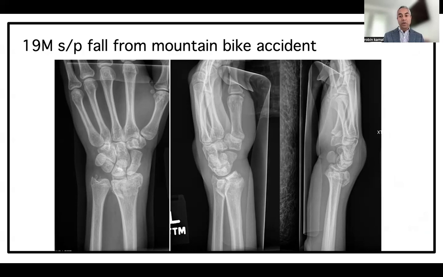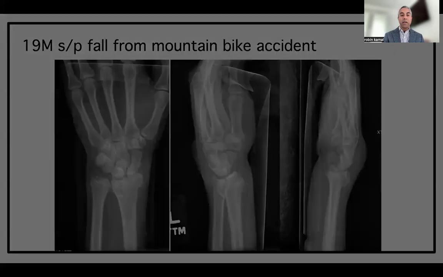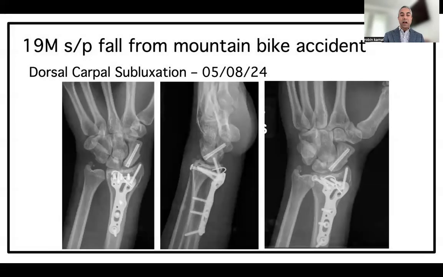There's also a dorsal lunate facet fragment with dorsal carpal subluxation. So I need to specifically capture both those fragments with a specific implant that I'm using. So here I've used both an integrated compression screw dorsally to capture the dorsal lunate facet, and I placed a 3.5 millimeter K-wire underneath my volar plate that goes into the volar lunate facet to capture that, as described by Dennison.